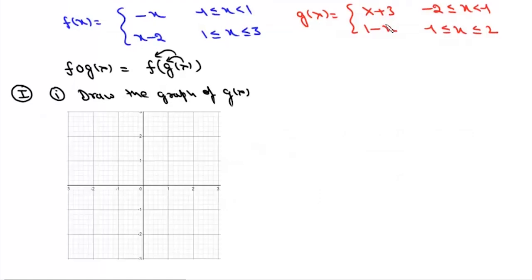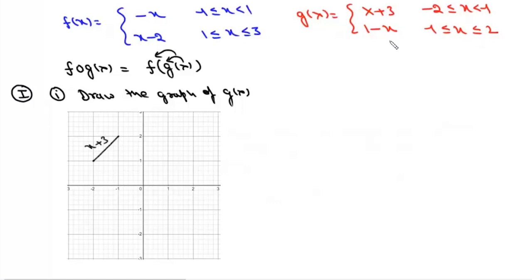Now g(x) is x plus 3 when x lies between minus 2 and minus 1. Now we put x as minus 2, this value is 1. And if we put x as minus 1, this value is 2. So this is a straight line, and this function is x plus 3. Now for the next part, it is also a linear function. At minus 1, this value is 2. At 2, this value is minus 1.